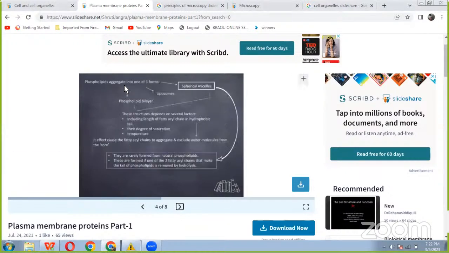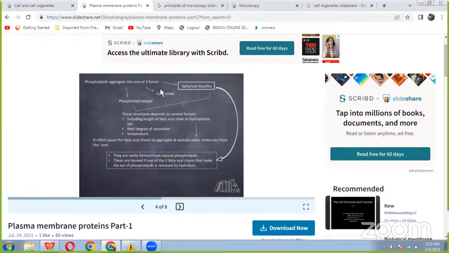The phospholipids aggregate in three forms. One is spherical micelles, then liposomes, and the phospholipid bilayer. The main structure depends on several factors, including the fatty acyl chain, hydrophobic tail length, their degree of saturation, and temperature, which also affect the phospholipid aggregation into the three forms.